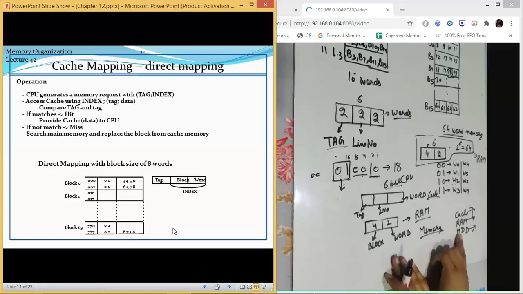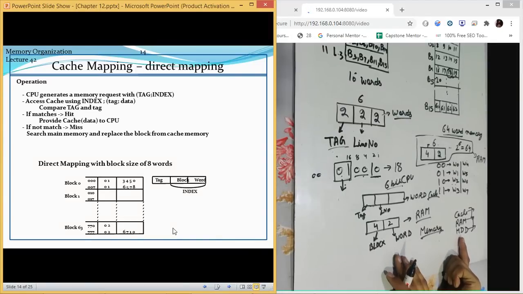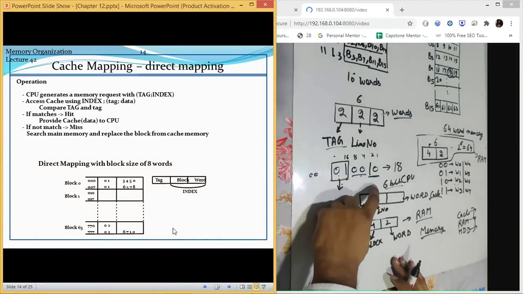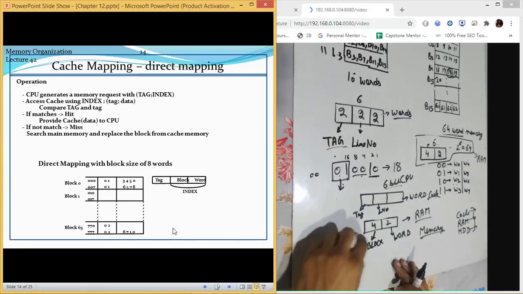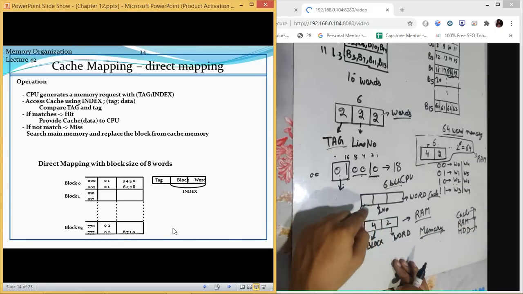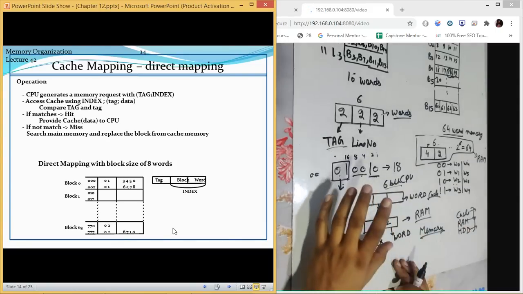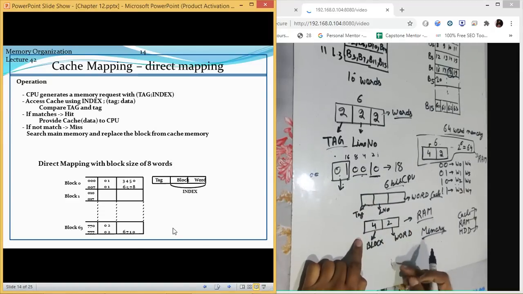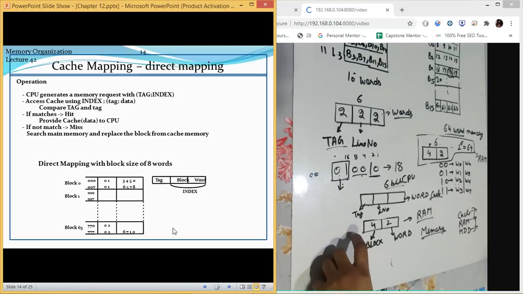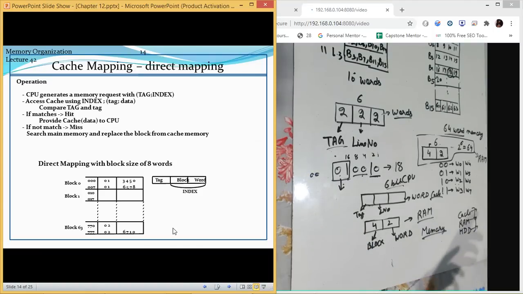Now, why is it beneficial for us to have the same address? In this case, we have a cache and a RAM. The CPU is able to access both of them by using a single address. Same way, if it is not found in the RAM, we can map this RAM also to a hard disk drive, and then we can search in the hard disk drive by using the same address.